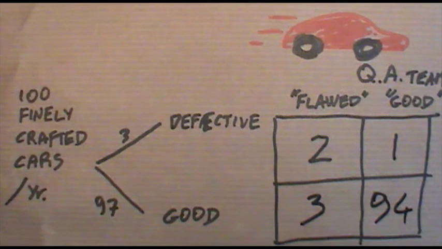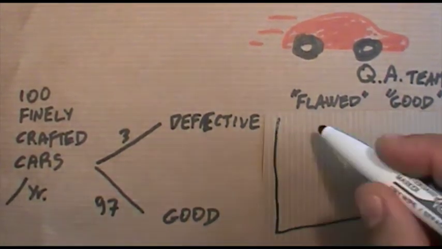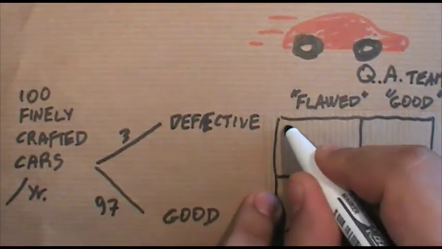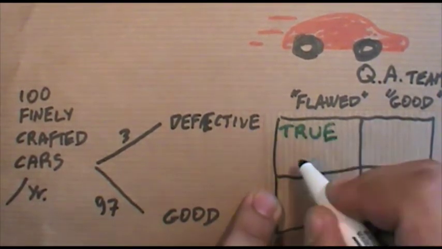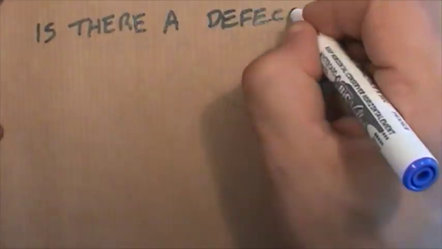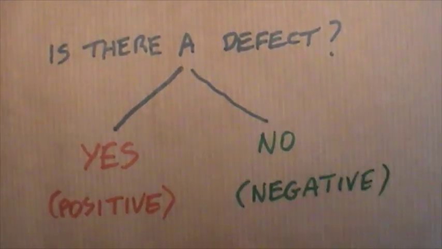What we have just drawn is a so-called confusion matrix where all tests have been broken up into 4 outcomes. The top left counts the so-called true positive cases, defective cars that have been correctly identified as such. Remember that our question is: is there a defect? So a defective item will be a positive case to us.